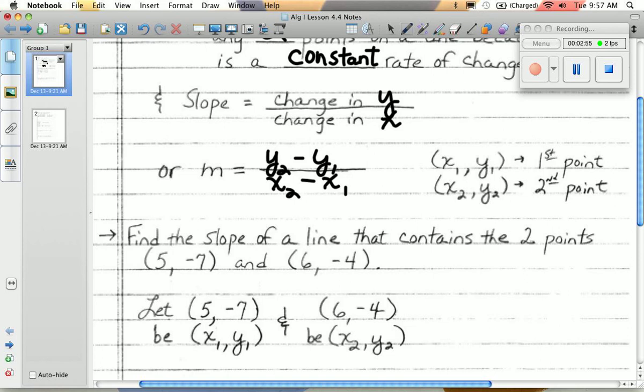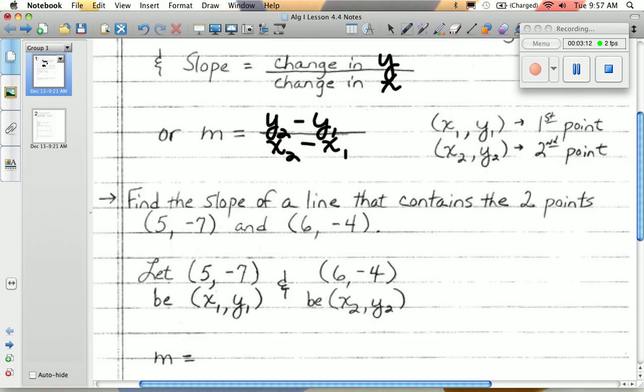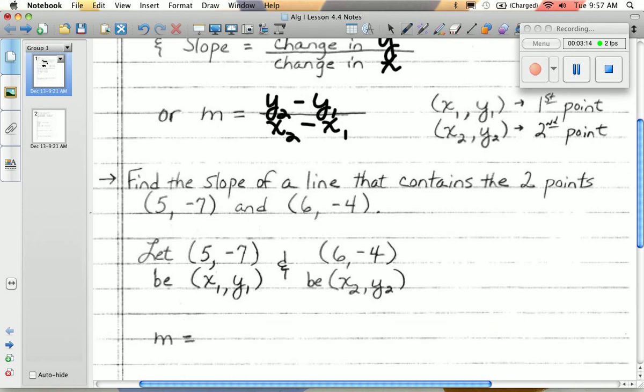So we have our rise, our change in y: take one of the y's, subtract the other y. That's the same as counting on the graph. And then downstairs do the same thing with the x's, the run. So we really just have 2 points, and that's just a way to make notation for it. Each point has a y, each point has an x.